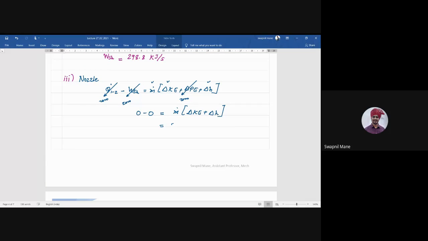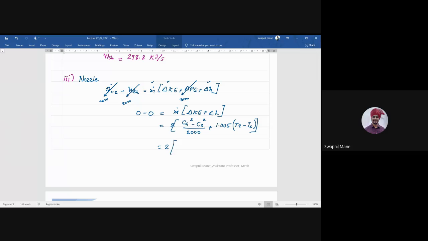So you write 2.2 into delta Ke, C4 square minus C3 square by 2000 plus 1.005 into T4 minus T3 in Kelvin. Yes or no? Yes, sir.